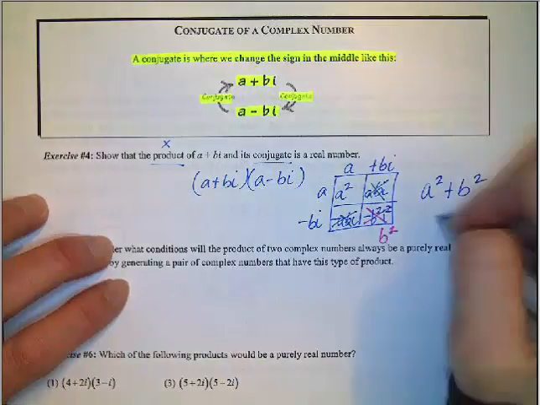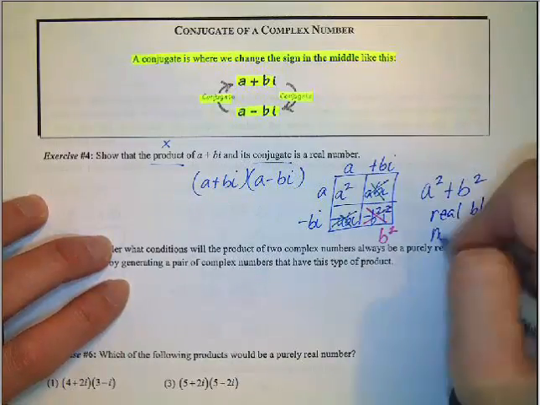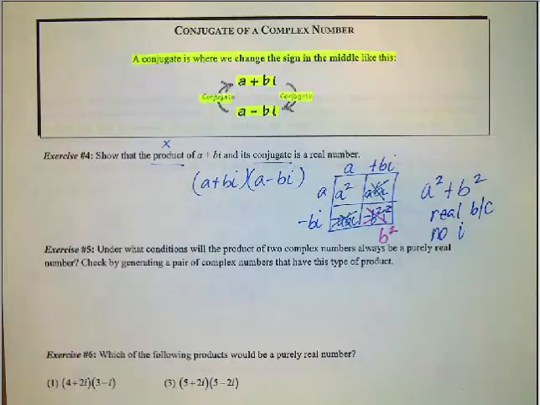This is real because there is no i in it. So there's no imaginary number, so that means it's a real answer. So when you multiply any complex number by its conjugate, you are always going to get a real number.